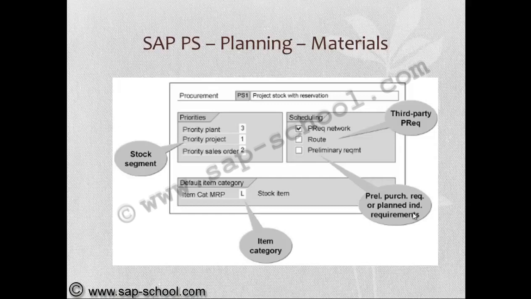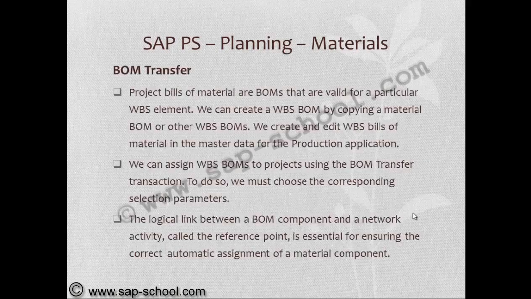The stock needs to be checked from the project, then sales order, then plan, in such a way. Then comes bill of material transfer. Project bill of material are BOMs that are valid for a particular WBS element.